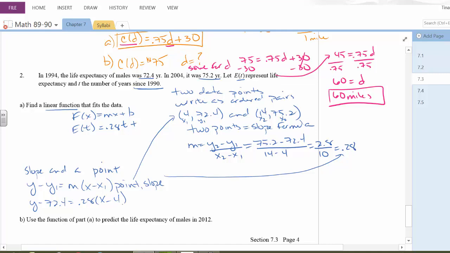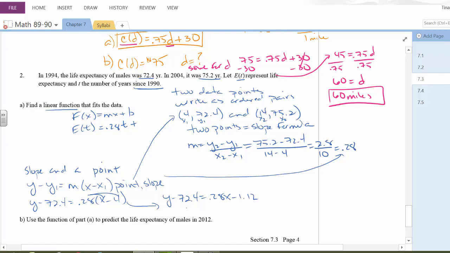I'm going to distribute here. Come over here where I have a little bit more room. And I get y minus 72.4 is equal to 0.28x minus 1.12.